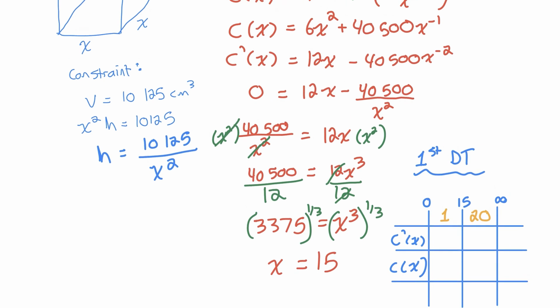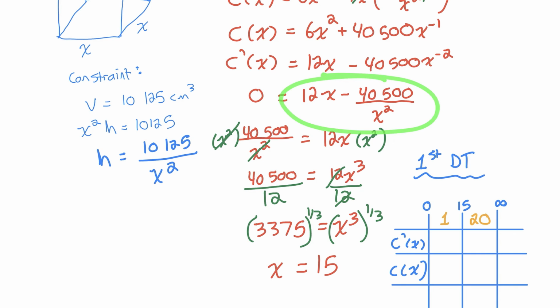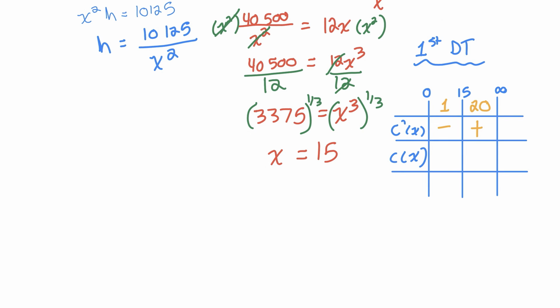I'll sub those into my first derivative to see if it is positive or negative. If I sub in 1, it makes it negative. If I sub in 20, it makes it positive. That means the cost function was decreasing before 15 and then increasing after 15. So at 15, we have a minimum.